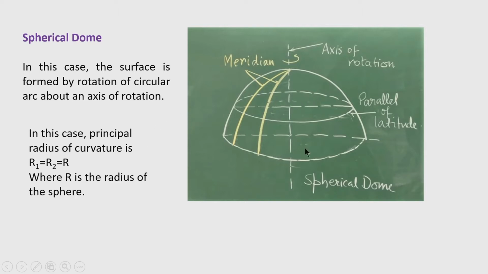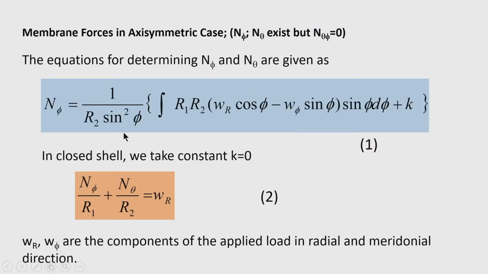And you can see at any level we have a parallel of latitude that is also a circle in plane, and it has a radius which is different from the radius of the sphere, but this radius can be related to the radius of the sphere by a trigonometrical relation.